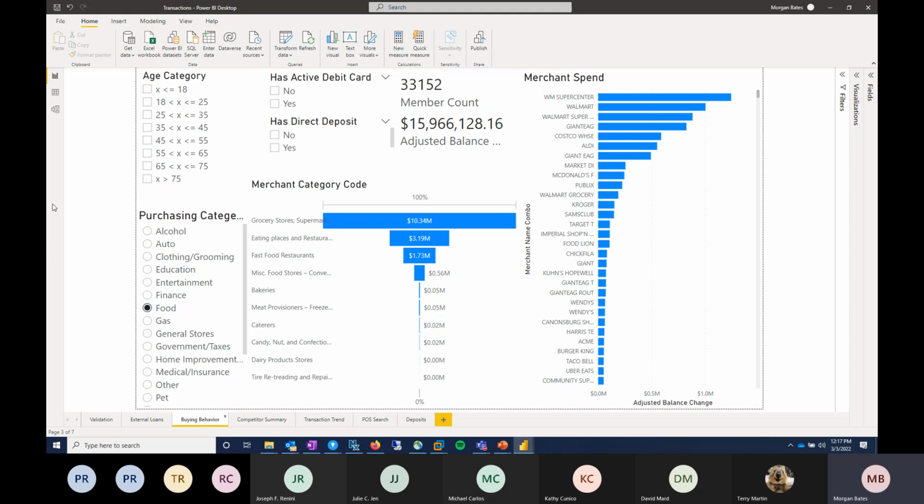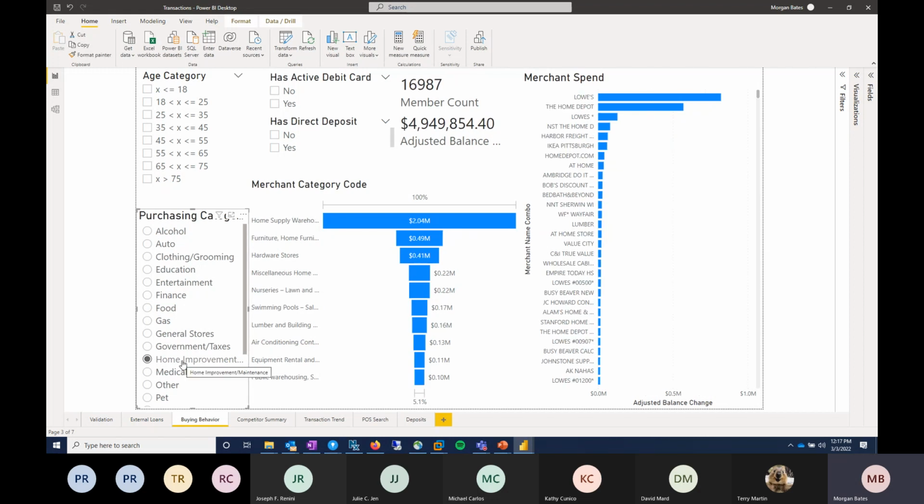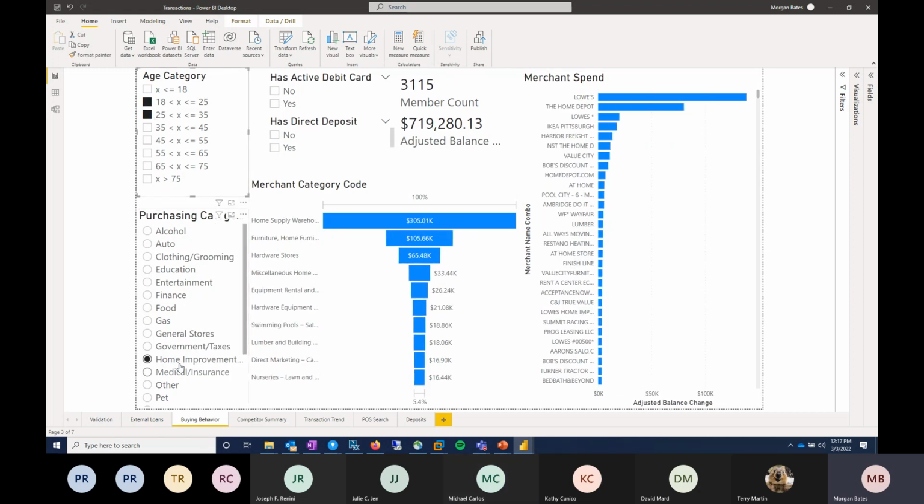All right, so we don't just capture ACH kinds of transactions. We also capture point of sale transactions, which can be really handy if you want to understand where people are spending their money, but also if you wanted to do HELOCs or something like that. So you can say, I want to look at people who are 18 to 35 and go to home improvement stores, and we'll go to the big box stores first, they go to Lowe's, right?